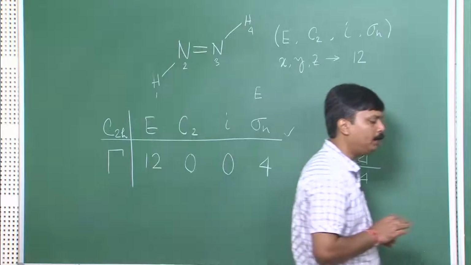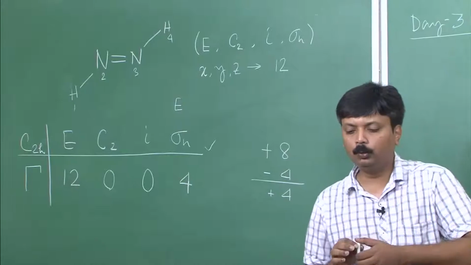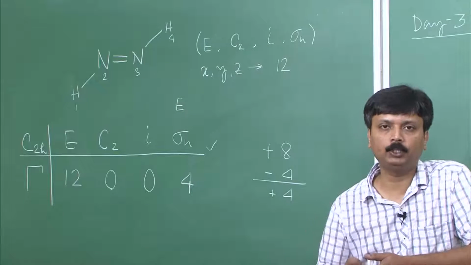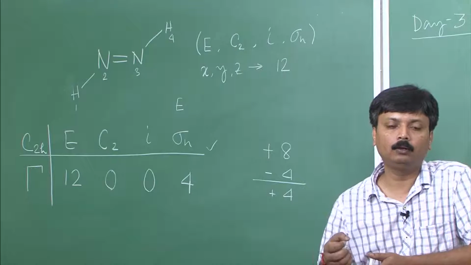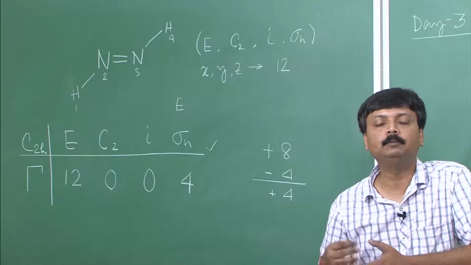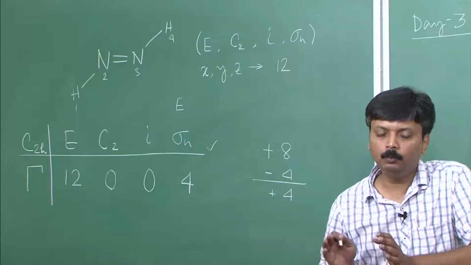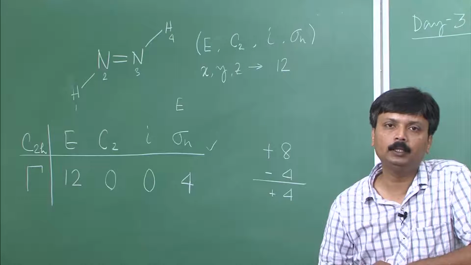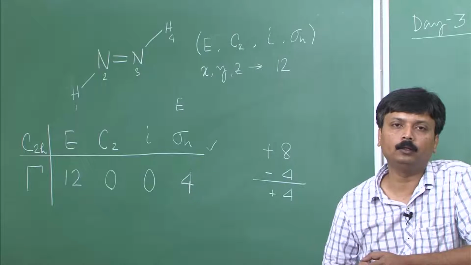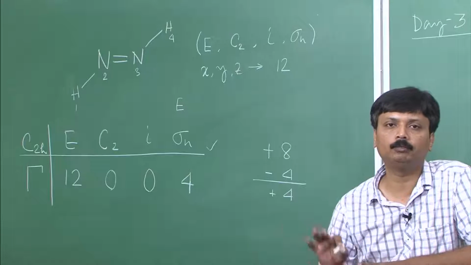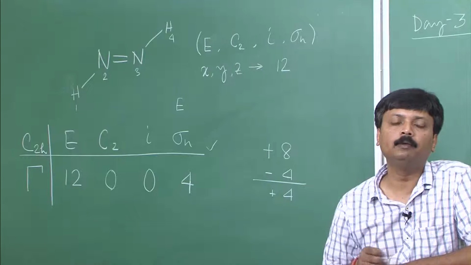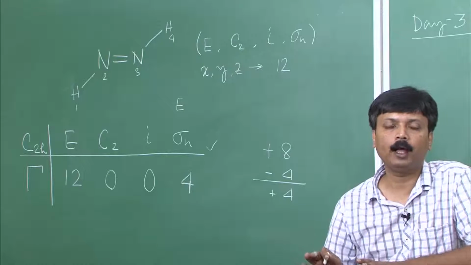So, with this we are pretty much in a position to deal with the actual applications of these symmetry properties of a molecule, and we are going to look at one of these, which is known as symmetry adapted linear combination. But in order to be able to deal with this kind of linear combination of atomic orbitals, which is very vital to find out which atomic orbitals will contribute to the formation of certain MOs or hybrid orbitals, we need to know about the relation between group theory and quantum mechanics.